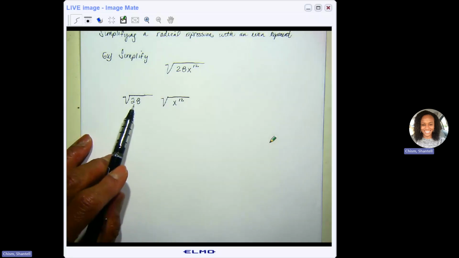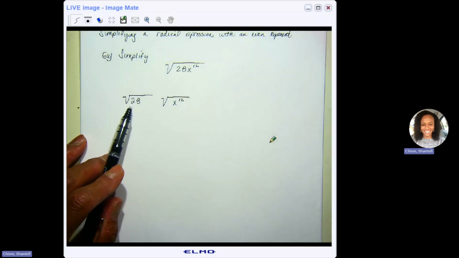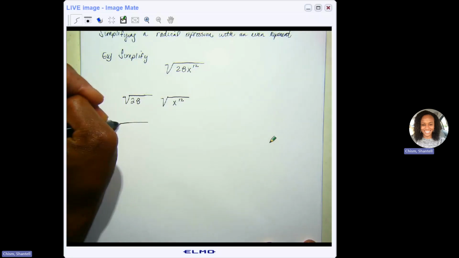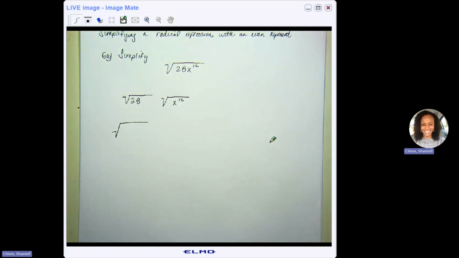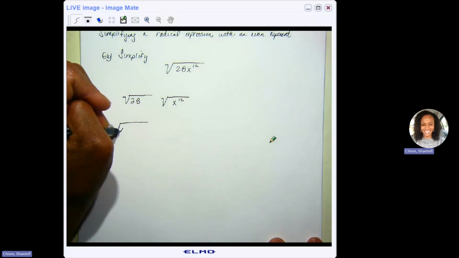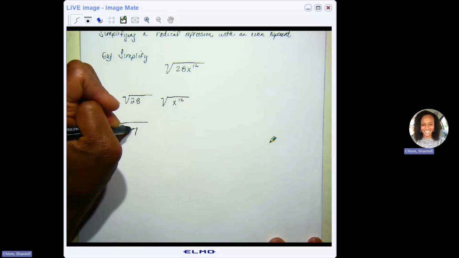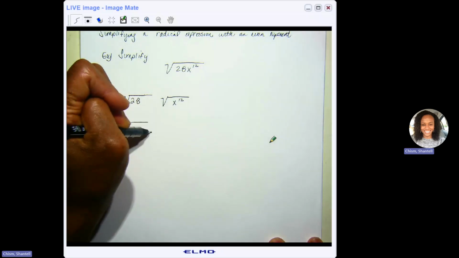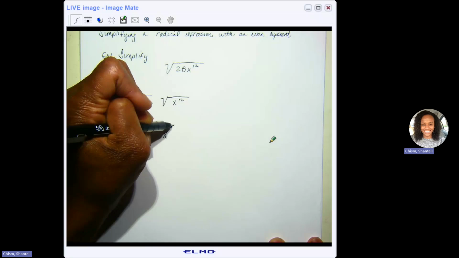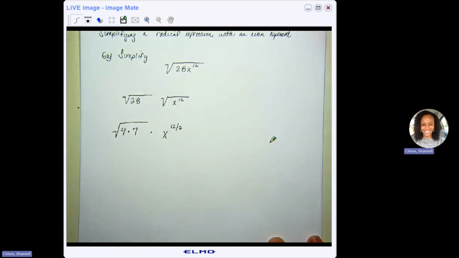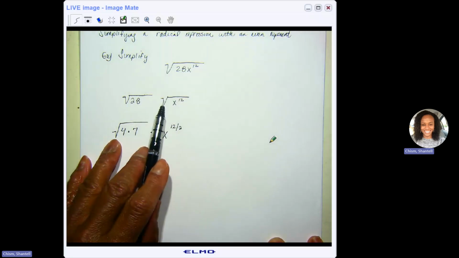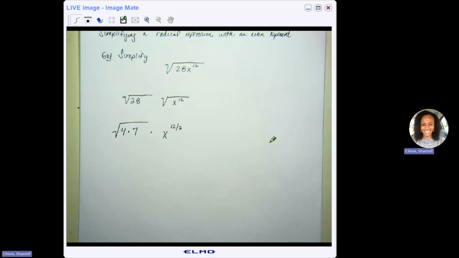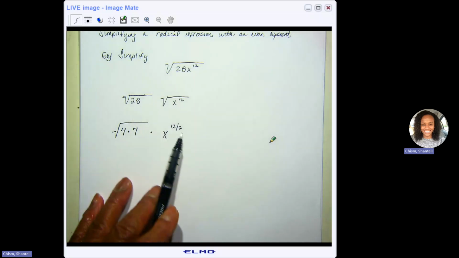But as far as the number, I would ask myself, is 28 a perfect square? 28 is not a perfect square, but it can factor in a way that I see a factor that is a perfect square. How about we factor it as 4 and 7? And then we change that x to the 12th to x to the 12th divided by 2, because there's no index shown, which automatically means it's a square root, an index of 2.